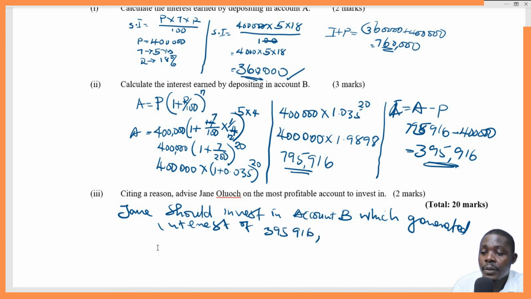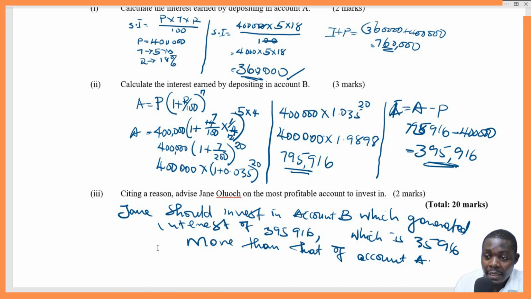395,916, which is closer to 35,000, which is 35,916 more than that of account A. Now in that case, we are advising Jane or watch to invest in account B of the compound interest, which gave us an interest of 395,916, which if you take that 395,916 minus 360,000, you get 35,916 more than what the simple interest account generated.